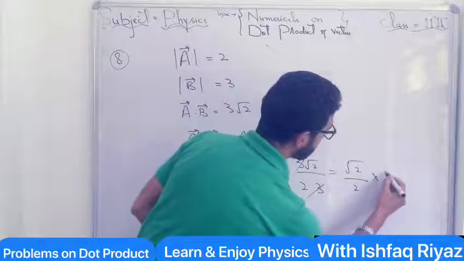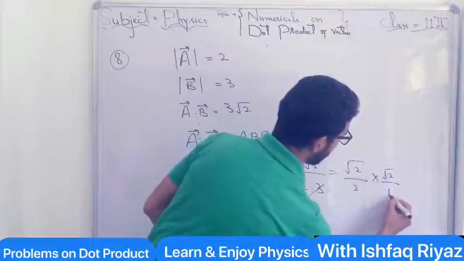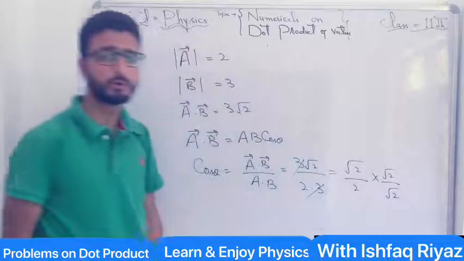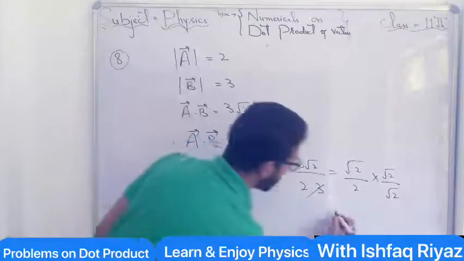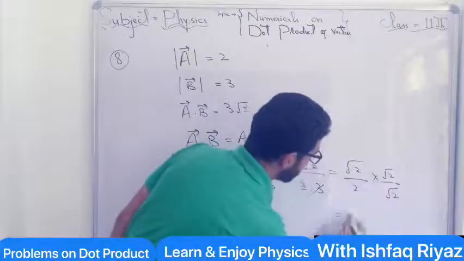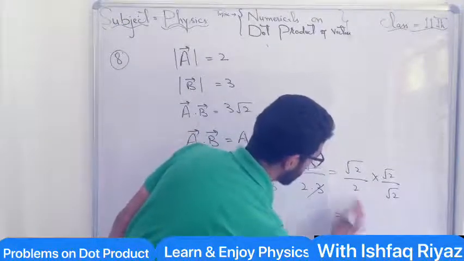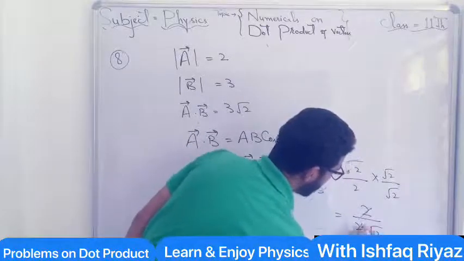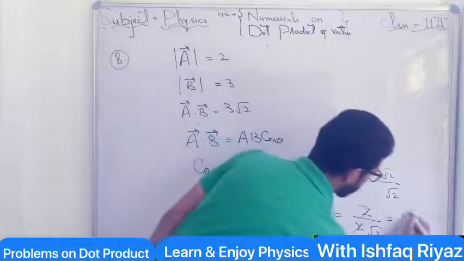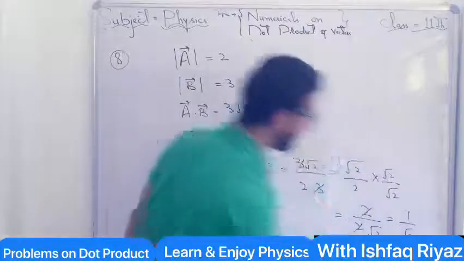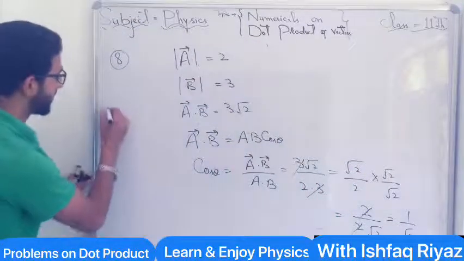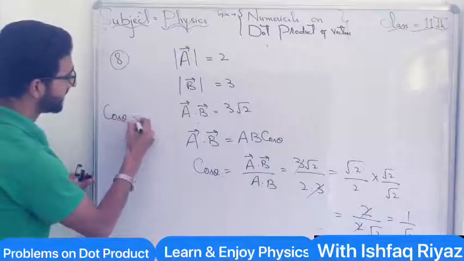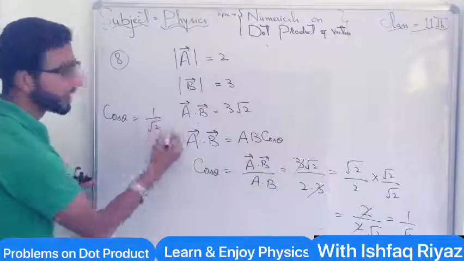So let me multiply it by root 2 and divide by root 2 as well. On the numerator I have root 2 into root 2, that is root 2 square, the square and root cancel out, that is 2 divided by root 2. 2 and 2 will cancel out, so this is 1 divided by root 2. So cos of theta is equal to 1 divided by root 2.